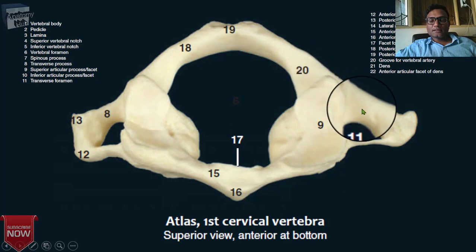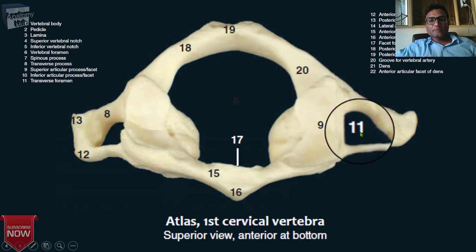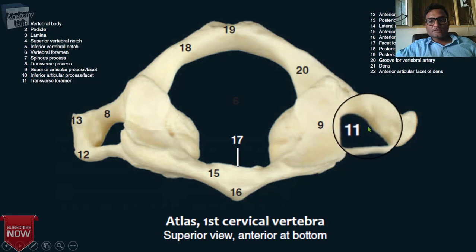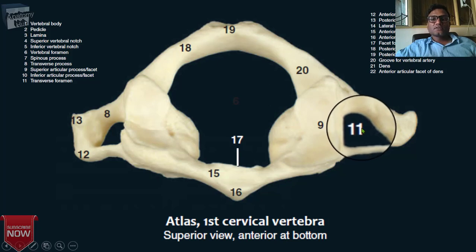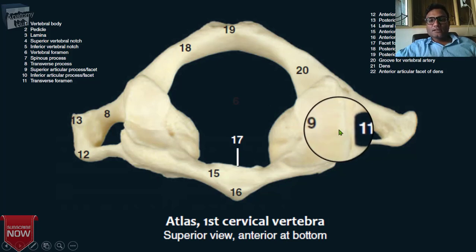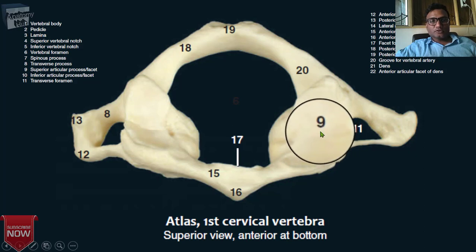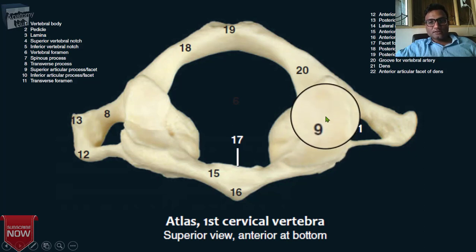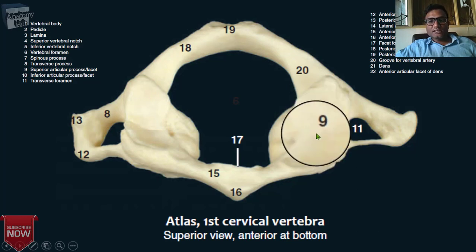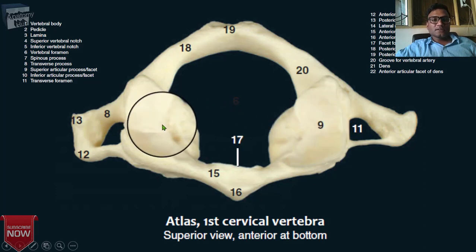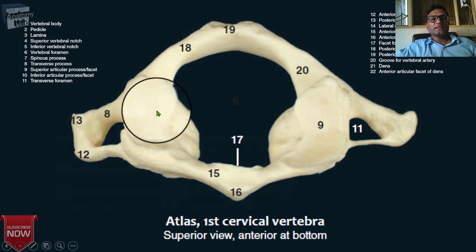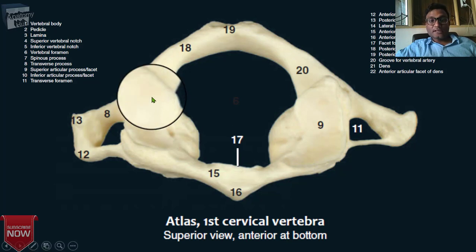The vertebral artery passes through this transverse foramen, or foramen transversarium, which is the unique feature of the cervical vertebrae. Here you will find the superior articular process. This superior articular process is concave, faces upward and medially, and articulates with the condylar process at the base of the skull near the foramen magnum.